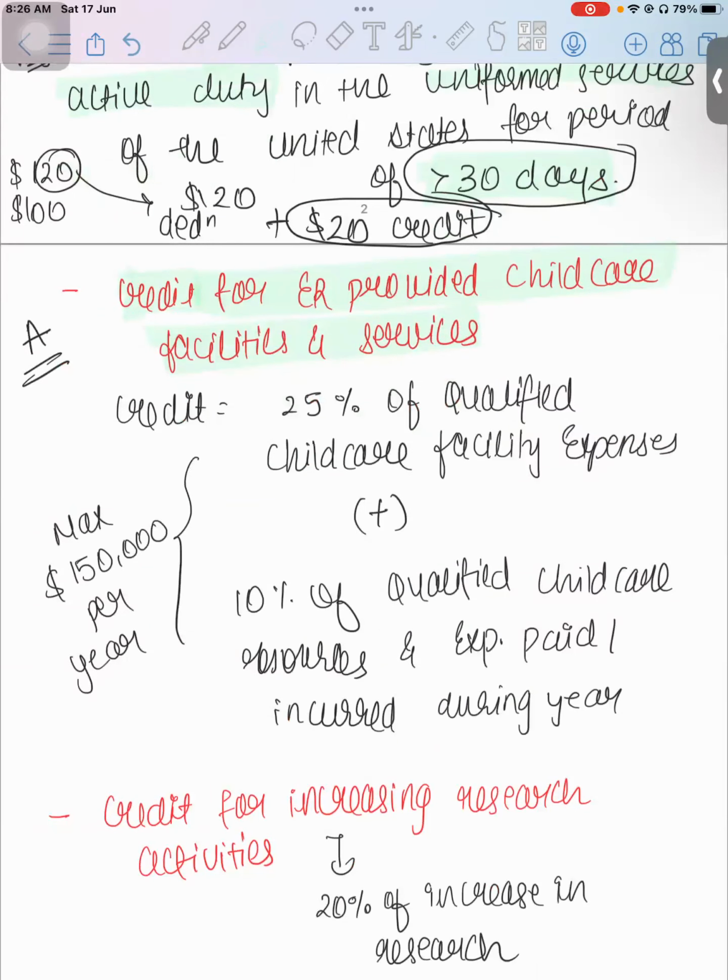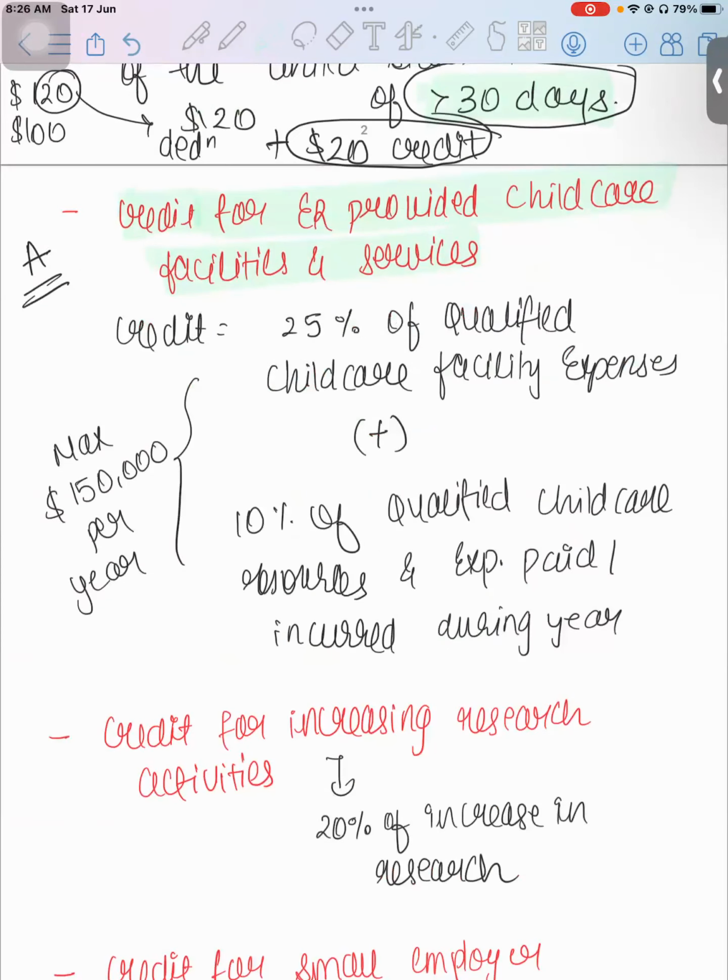Okay, so next is, if the employer is providing childcare facilities. See what happens there: if the taxpayer and the spouse, husband and wife, both are working, and they have a child, what they usually do is keep their child at some childcare facility and then go to work, right? So the employer can provide the childcare facility on their own premises.